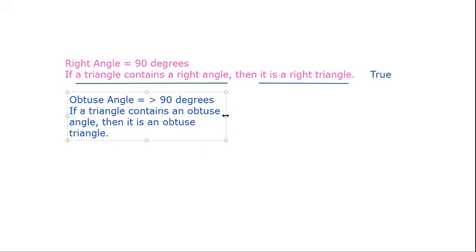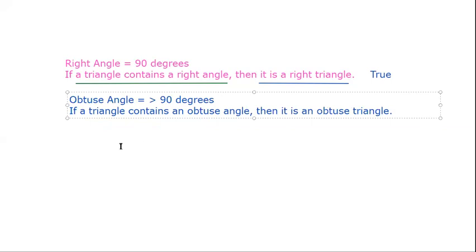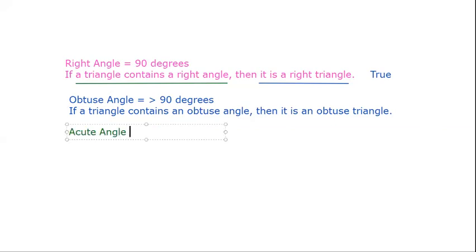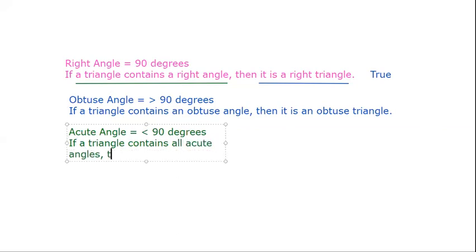Also a true conditional statement. And we have the last of which, remember your acute angles, it's a cute little angle. That's how you can remember which one of these is less than 90 degrees and which one is greater, because a cute little angle. If a triangle contains all acute angles, then it is an acute triangle.